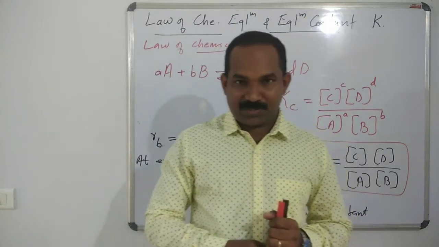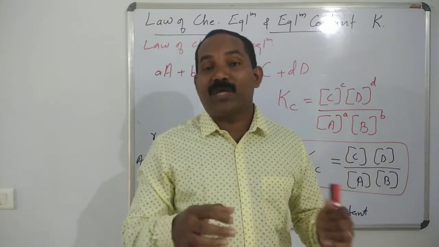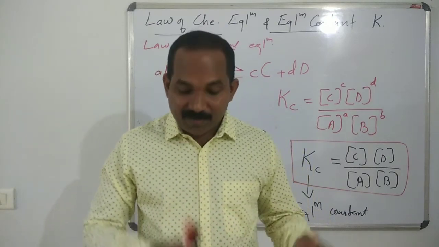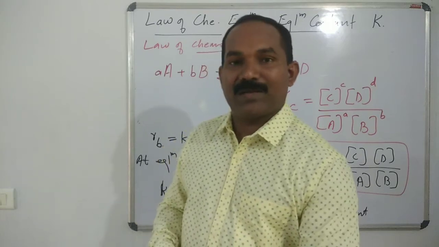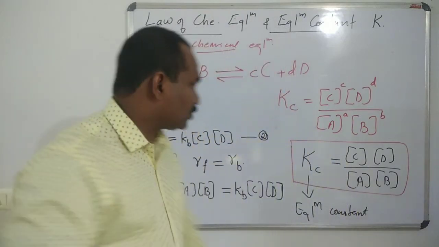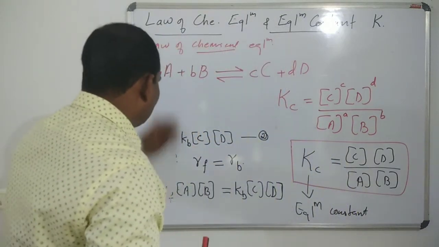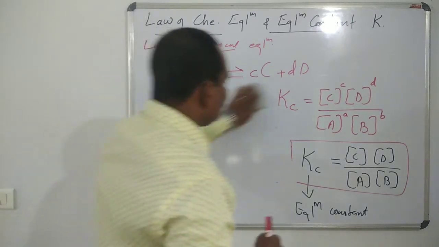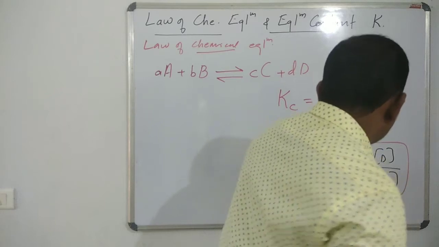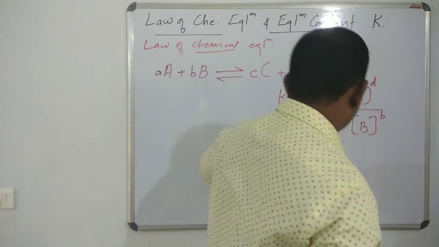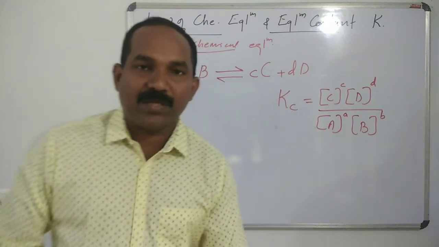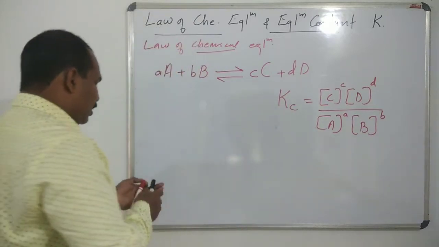Equilibrium constant, the law of equilibrium. When we consider a particular reaction, we have to write the equilibrium constant. So keep this equation in your mind, a very important equation for a general reaction.